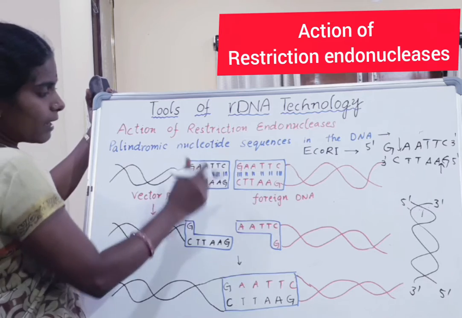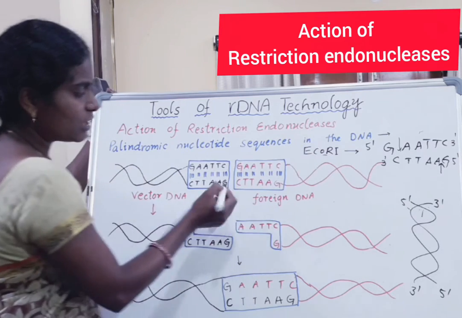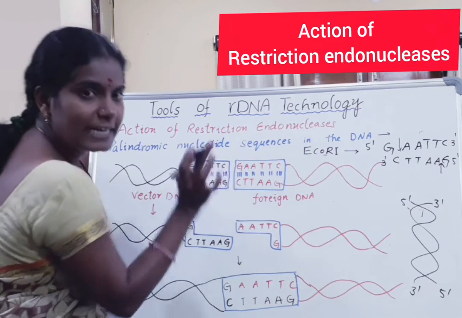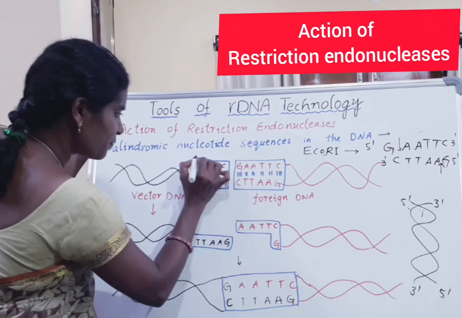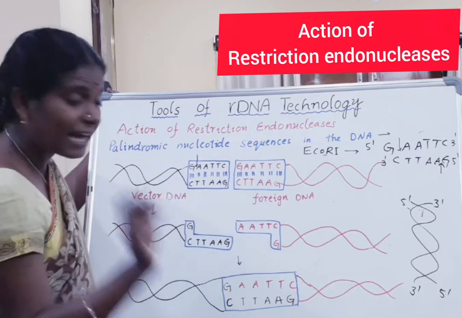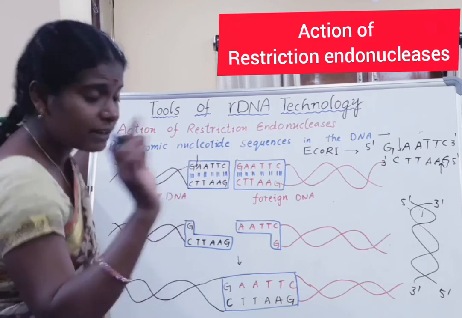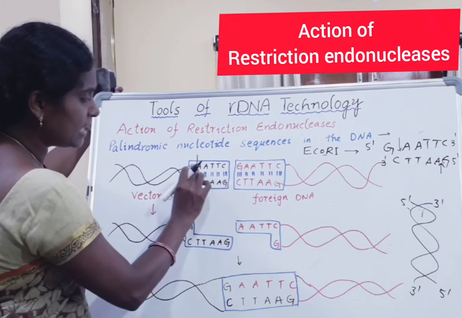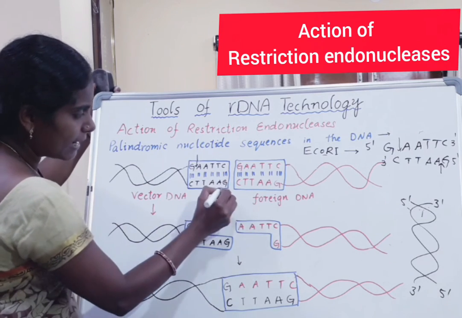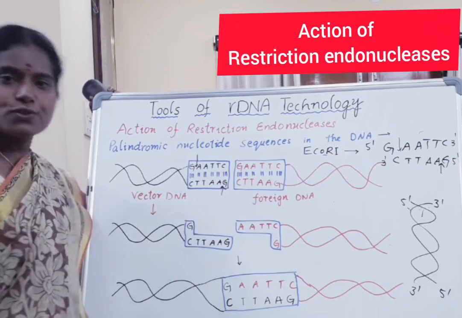So now, the restriction enzyme is used to identify GAATTC. Where the GAA sequence is there, EcoR1 identifies it, on this side and also below.